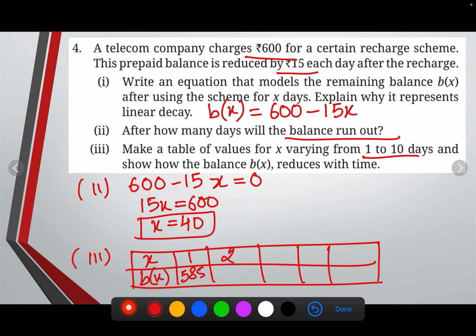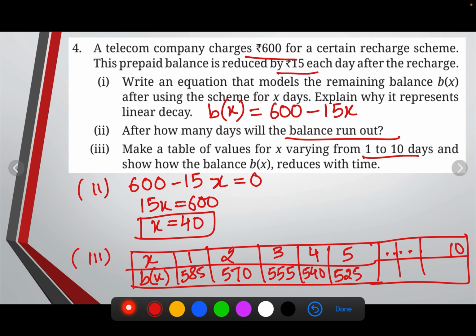For 2, again minus 15, 570. For 3, it is 555. For 4, it is 540. For 5, it is 525. And so on, I have to make till 10. I hope this subtraction you can do on your own.